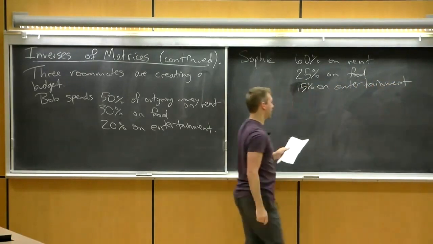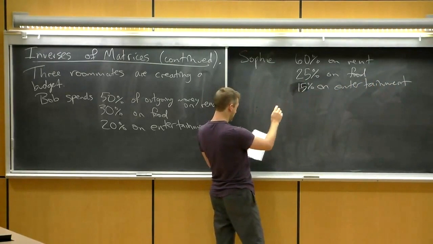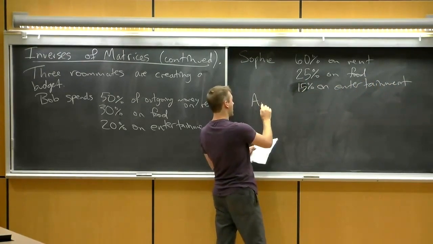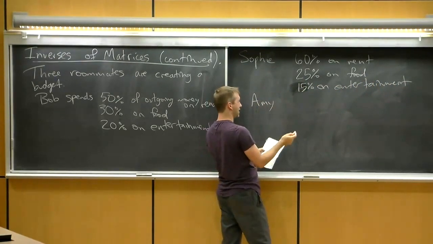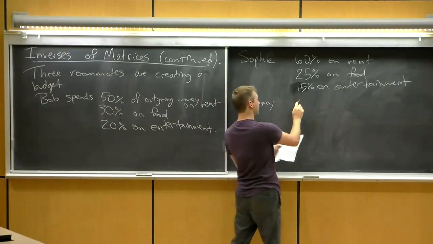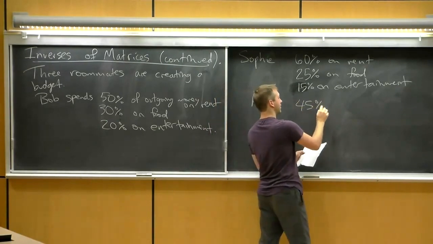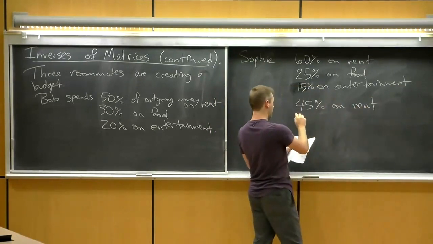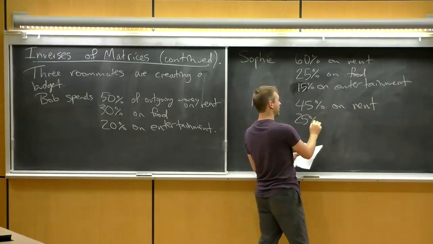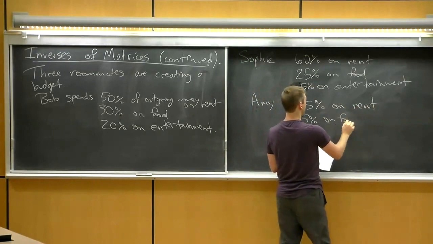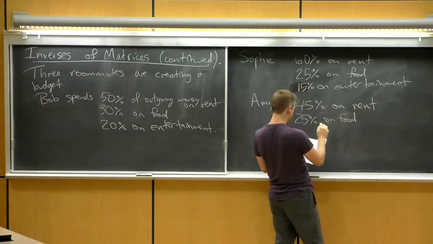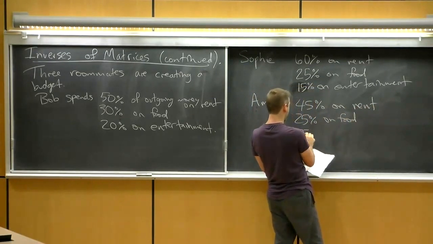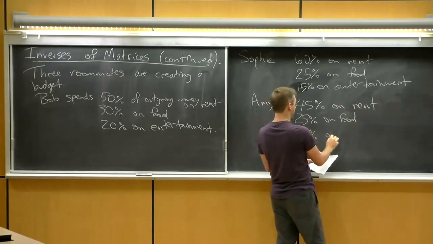Okay, there's a lot of writing, a lot of numbers here. Amy spends, let's say, 45% on rent, 25% on food, and let's say 35% on entertainment.